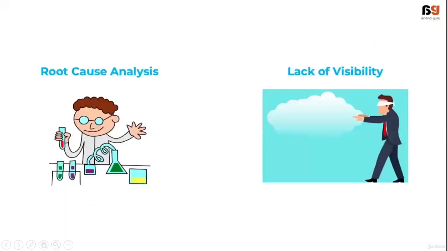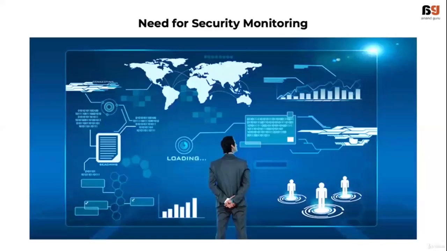So the root cause of the problem was analyzed and found to be a lack of visibility, which is the reason why such incidents could be carried out without anybody knowing, causing a huge catastrophe on a system.